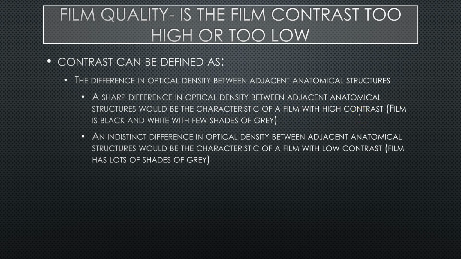So high contrast means too few shades of gray. We're only going to really see a lot of black and white. If we have an indistinct difference in optical density between adjacent anatomical structures, that would be of a film with low contrast. That would mean we have lots of shades of gray, or maybe too many shades of gray.